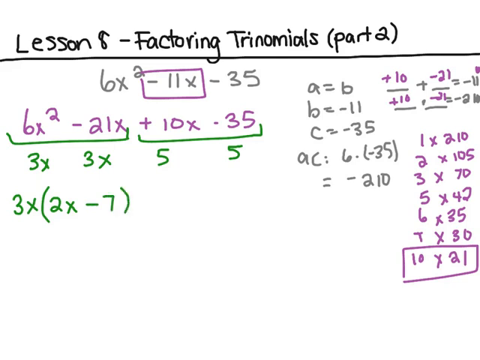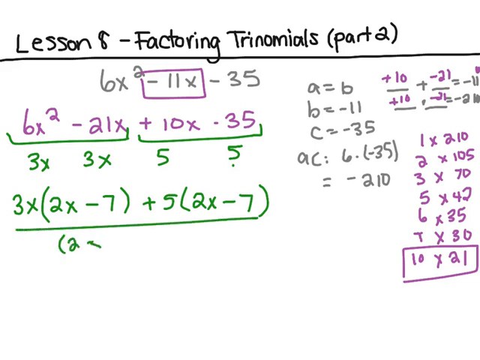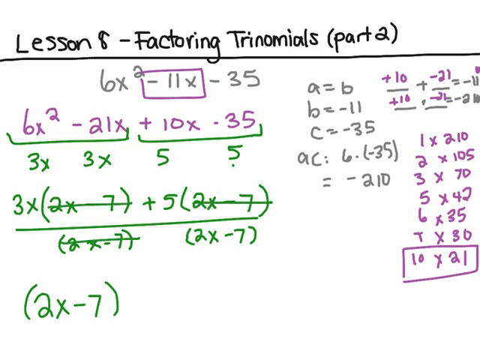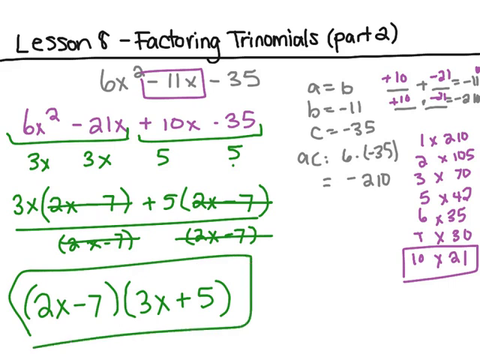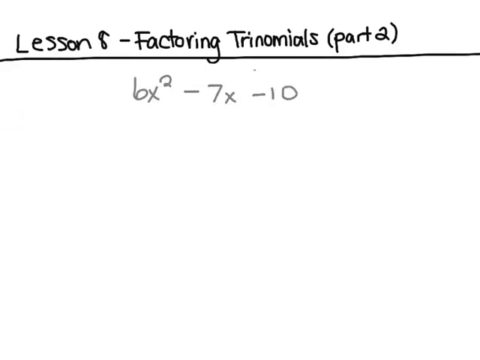If you take 10x divided by 5, you'll get 2x, and negative 35 divided by 5 is minus 7. Our brackets are the same, so we're going to factor out a 2x minus 7. So you're left with 2x minus 7. These will cancel, and you're left with the second bracket, which is the outside of the brackets, 3x plus 5. So this is your factored polynomial.